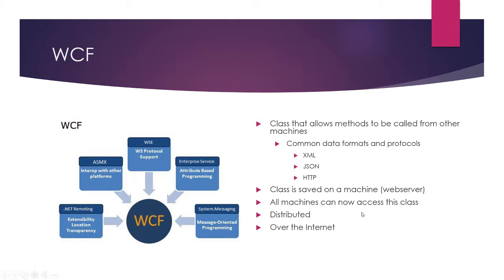Some of the different things that are a part of WCF are .NET remoting, so that our .NET application doesn't even have to worry about what location it's communicating with another program on; ASMX, which allows us to interoperate with different platforms; WSE, our protocol support; enterprise services, which let us do attribute-based programming, our class-level stuff; and message processing, where system messages give us the capability to communicate back and forth across these different machines or different processes.